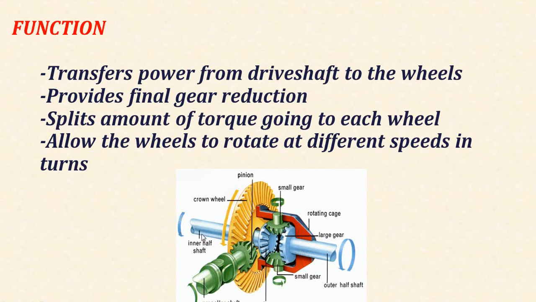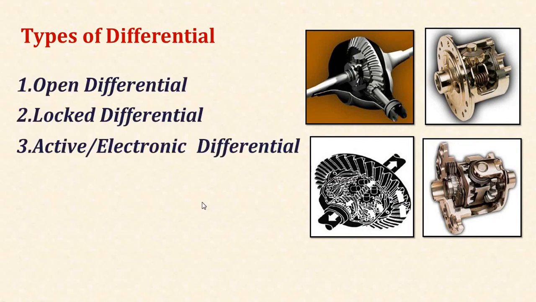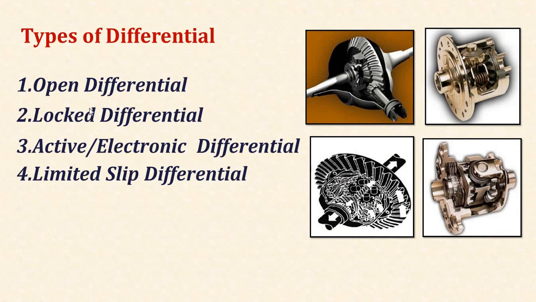Then it allows the wheels to rotate at different speeds in turns. Now there are types of differentials. First is open differential, lock differential, active or electronic differential, limited slip differential.